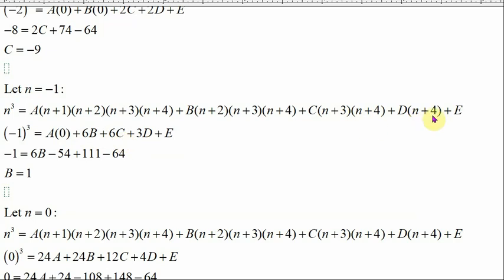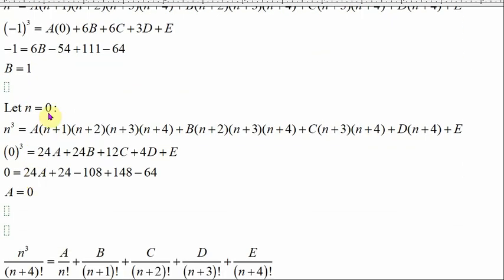And then here we get 3d plus E. Once again, E is negative 64. D is 37 times 3, so it's 111. And then C is minus 9 times 6, so it's minus 54. So we get B to be 1.